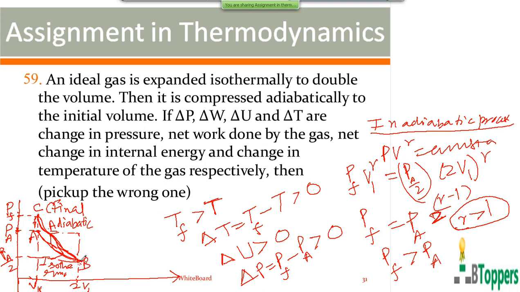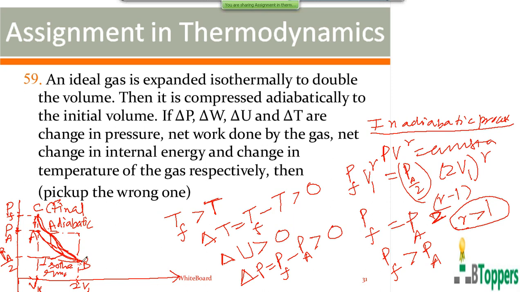But you can observe that the area below the adiabatic PV curve from B to C and the volume axis is more than the area below the isothermal PV curve from A to B and the volume axis. That means the work done on the gas in the adiabatic compression from B to C is more than the work done by the gas in the isothermal expansion from V1 to 2V1.